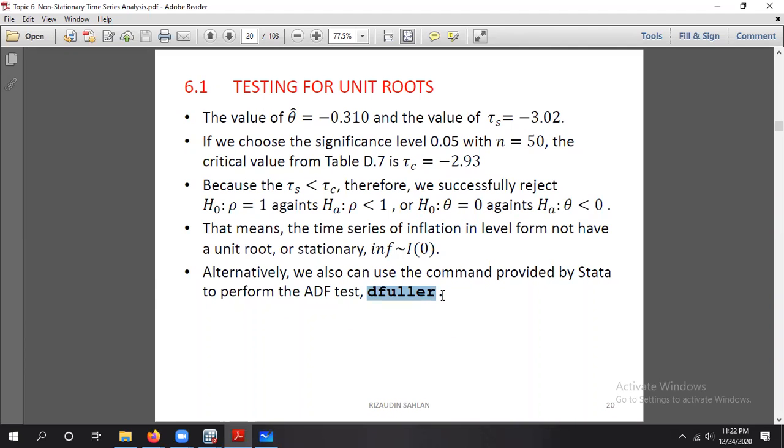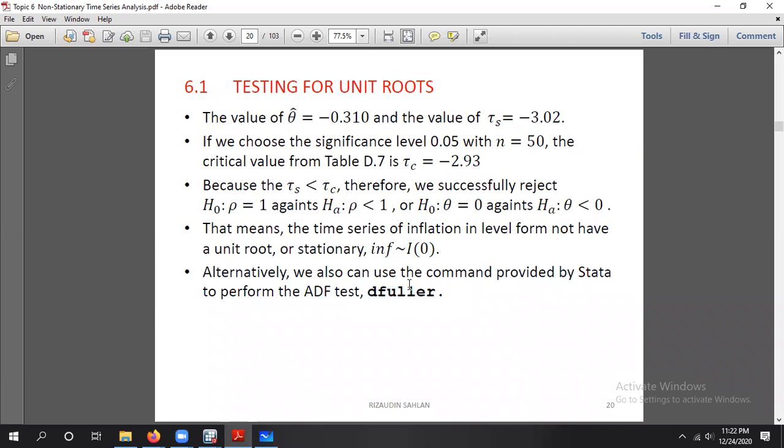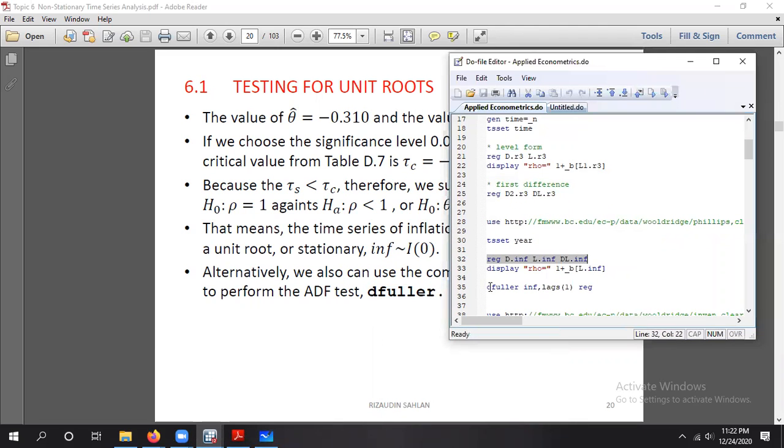So how do I do this? This is very simple. We don't use reg with a dependent variable and independent variables. We just type the command dfuller.